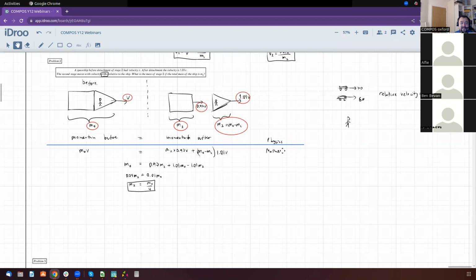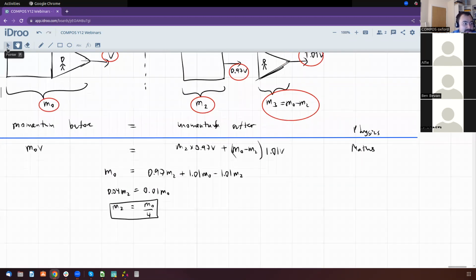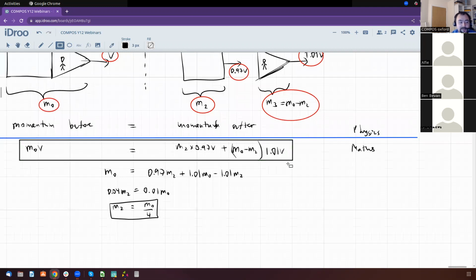Look, if you give this equation to a mathematician, they will be able to solve it without any information about what is M1, what is M2, what is M0, what is V. They don't care.